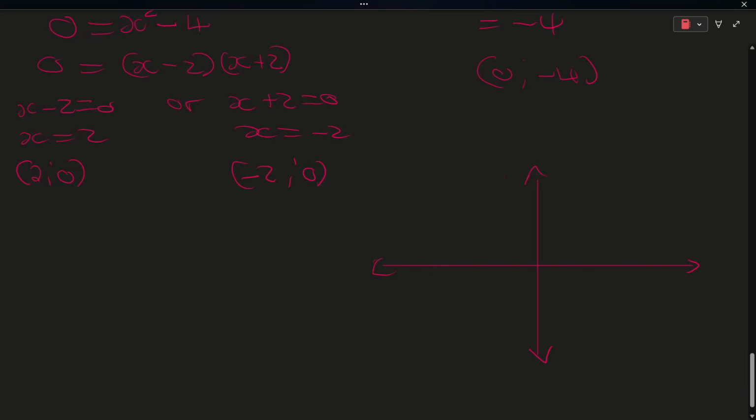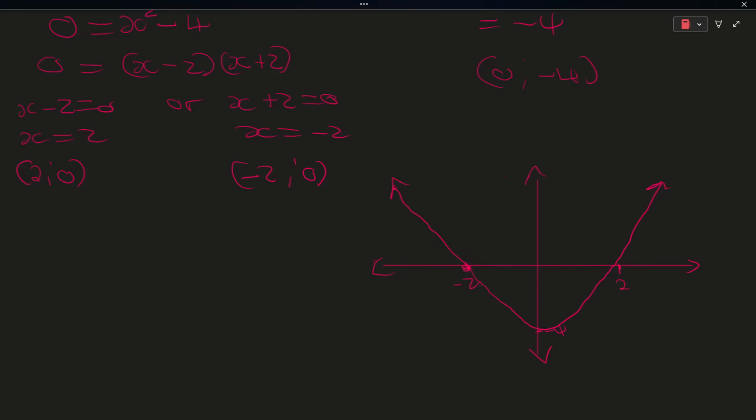From the information that we have, we know that my x-intercepts are here at minus 2, and also here at positive 2. My y-intercept is here, where there is minus 4. So what do I do now? You just join, class. That's it. Then you will have your beautiful graph like that.